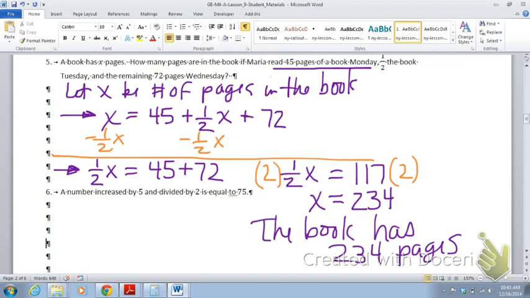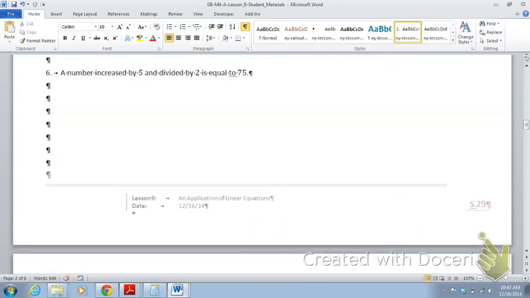Okay, let's look now at exercise 6. Exercise 6 is pretty straightforward, we're just trying to find a number. A number increased by 5 divided by 2 is equal to 75. So define your variable and write your equation, and then come back and check it against mine.